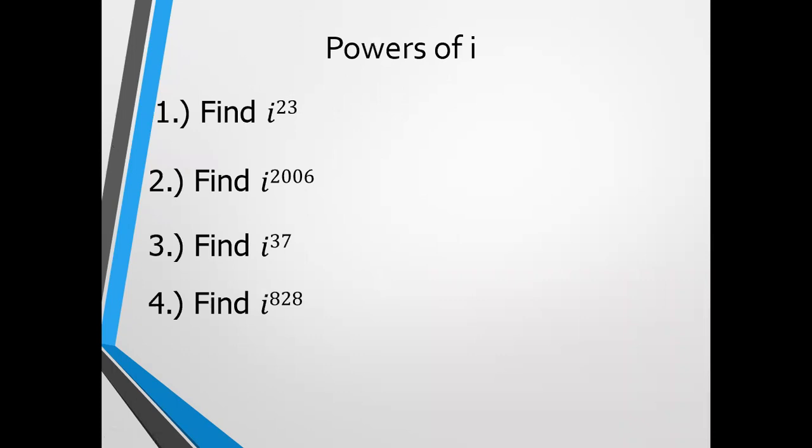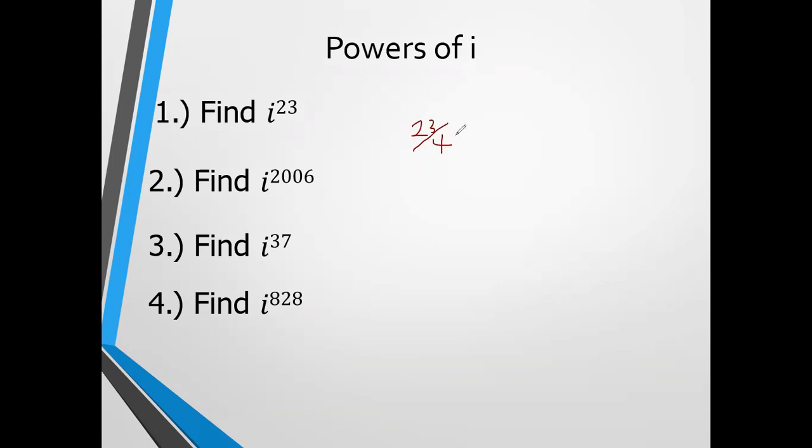Okay, let's look at this. If you are told to find i raised to power 23, how do you get that? What you simply do is take this 23 and divide it by 4.